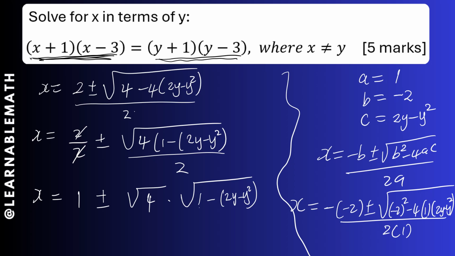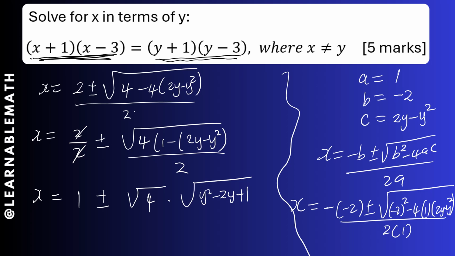Which we can simplify if we multiply by this negative. So multiplying by the negative there, we'll have negative 2y plus y squared. To write it properly, I can just say y squared minus 2y plus 1.